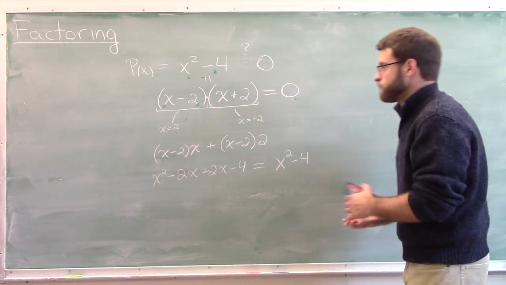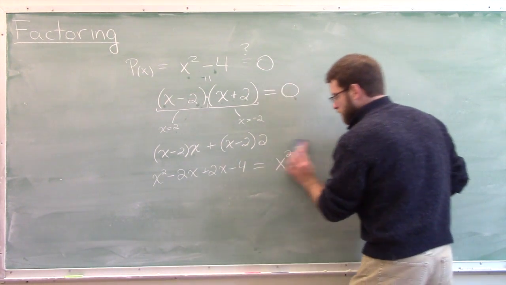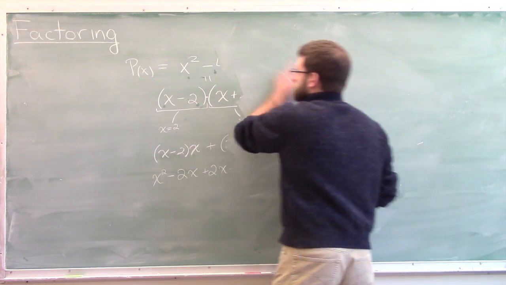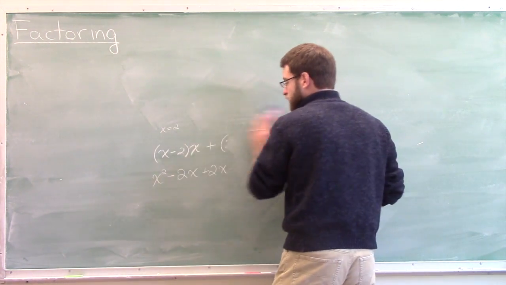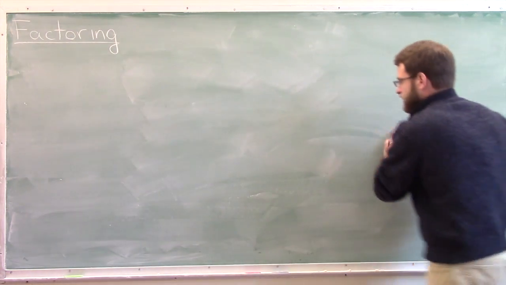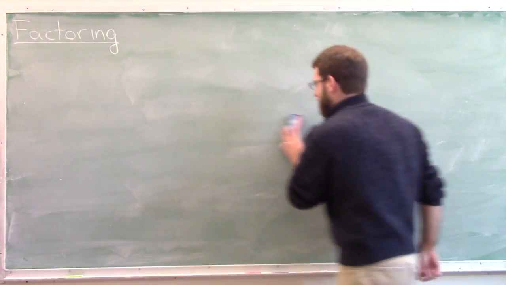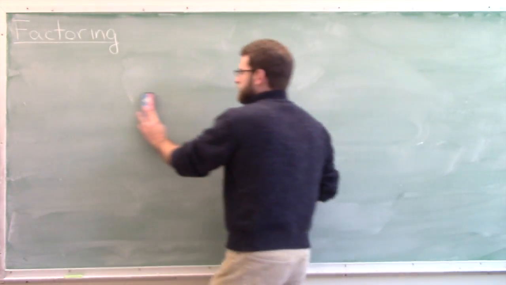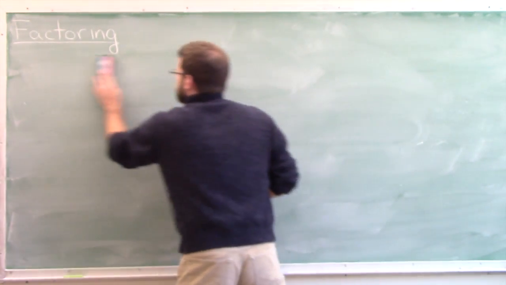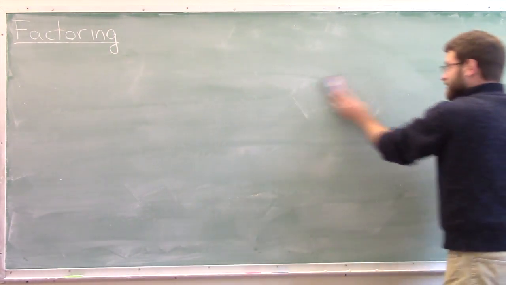Okay? All right. Now, there are lots of different cases and lots of different situations that come up with factoring. And there are a few basic techniques that we want to look at. One of the parts of factoring that's difficult to master is the fact that it doesn't always work.